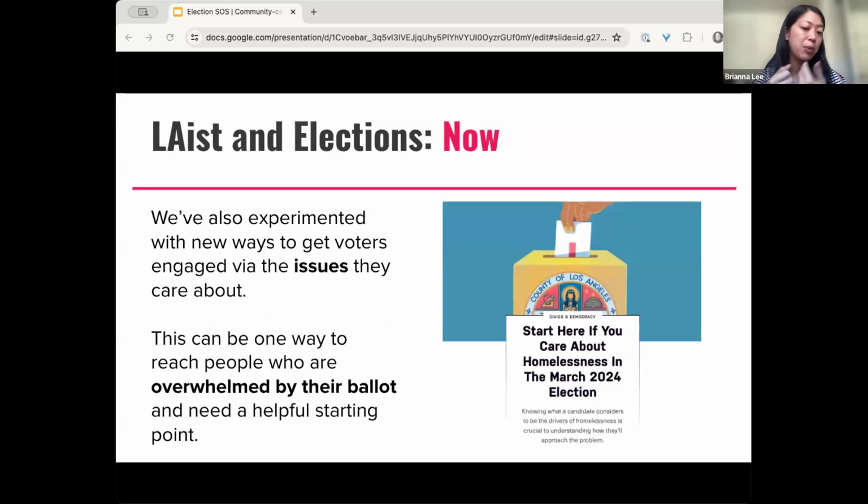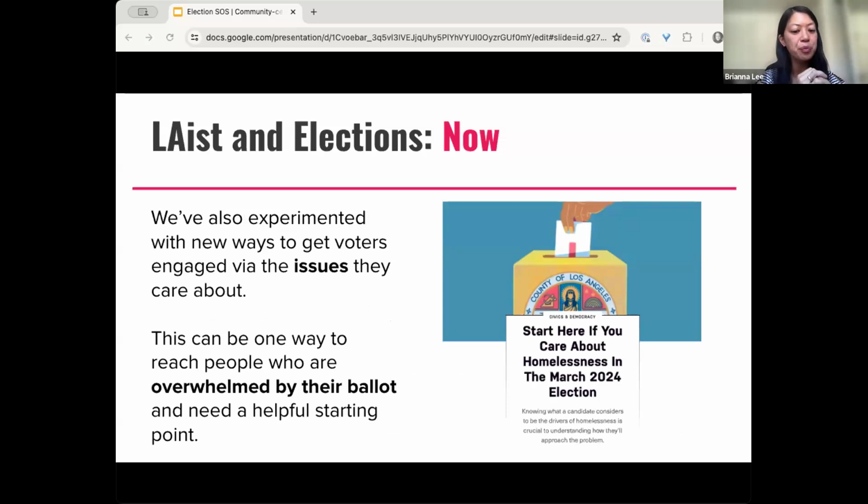Something that we started trying out in 2024 was also trying to get people engaged via the issues they care about. The idea being that some people, even if they have all the information and are able to find it, find it very overwhelming. So maybe they need a couple of different starting points to help them understand the ballot through the lens of the issues they are really passionate about.